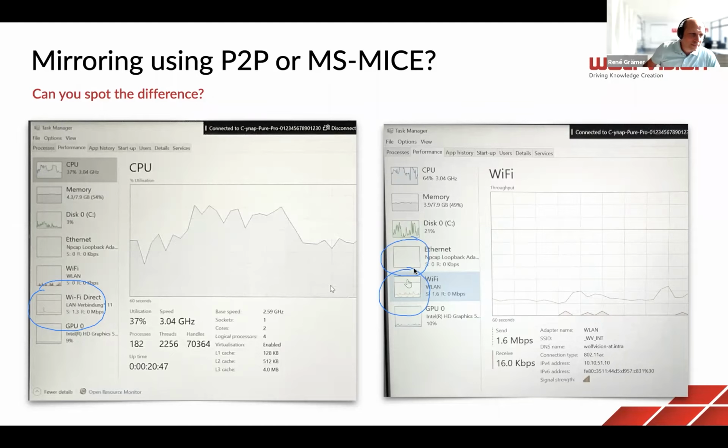So I was using our internal network, and you can see on our internal network there's some traffic. So this Wi-Fi Direct being present means this side here is peer-to-peer, and on the right-hand side, that's the MICE. Just pay attention, it's hidden here under performance.